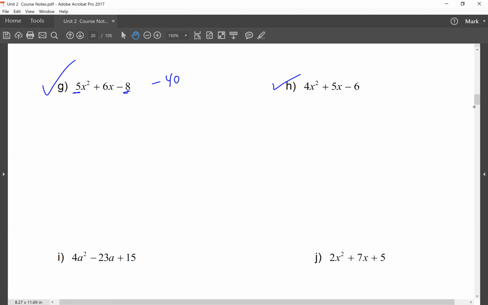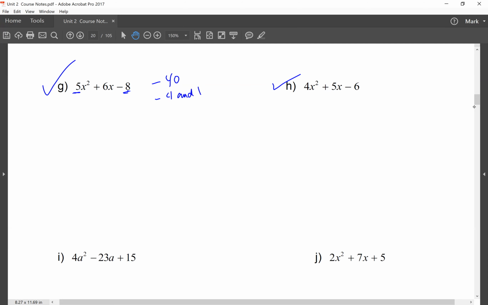So probably 4 and 10 would work for that. I'm not mentioning the negatives, but negative 4 and positive 10 would certainly work. So let me write that down, negative 4 and 10.